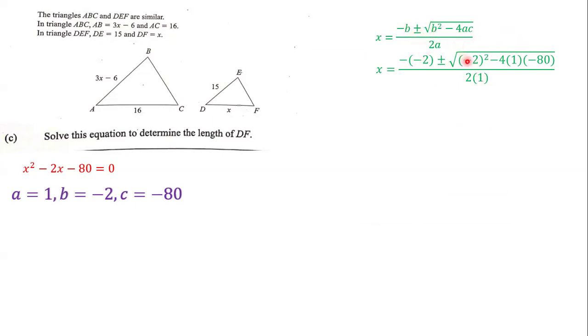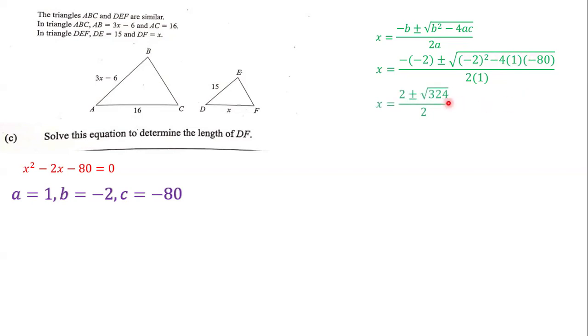And so after we substitute our values, we have to evaluate or compute this expression underneath the square root. So we have negative 2 squared minus 4 times 1 times negative 80.